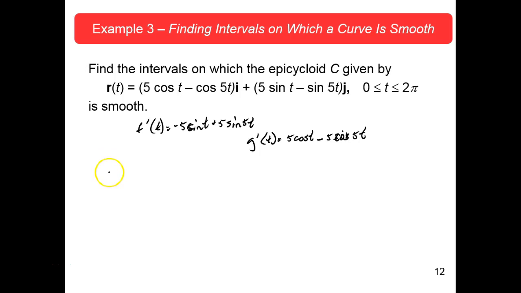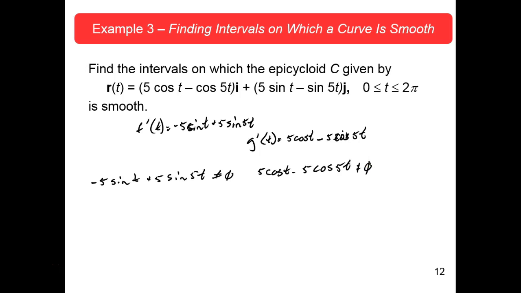So we have to have that minus 5 sine t plus 5 sine 5t cannot equal 0 at the same place where 5 cosine t minus 5 cosine 5t. They cannot be 0 at the same place.